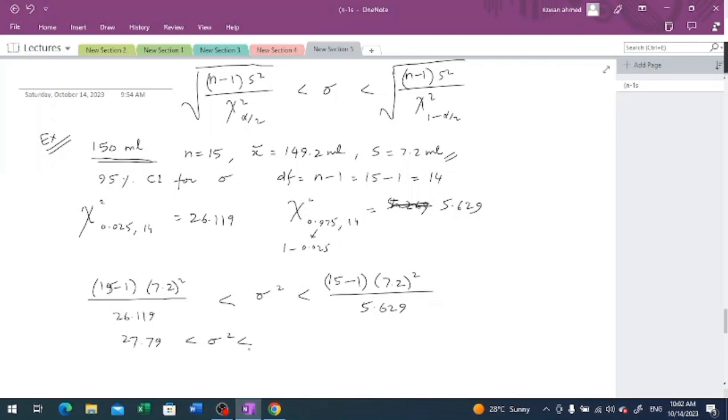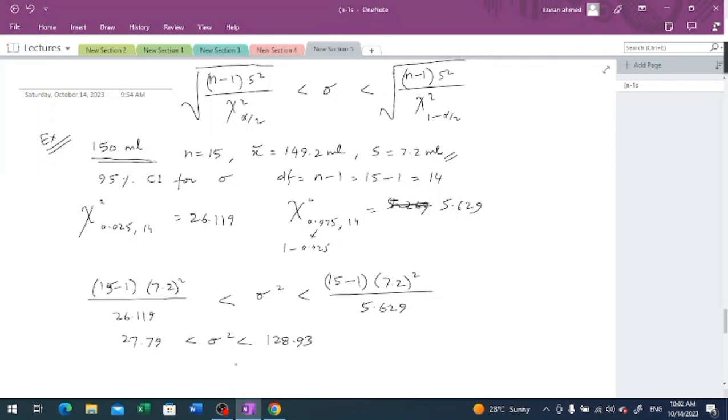Similarly, 14 times 7.2 squared and then divide this by 5.629, and this is giving us 128.93. Now we take the square root on both sides.